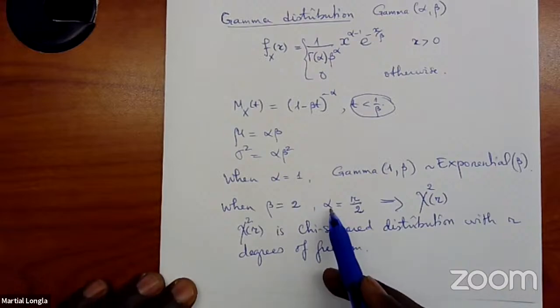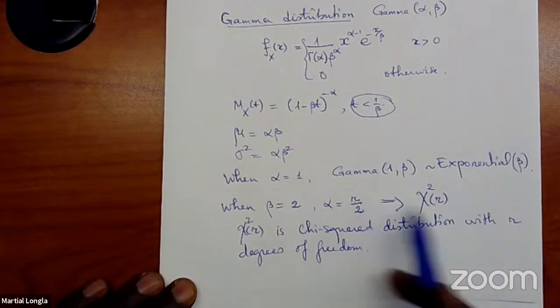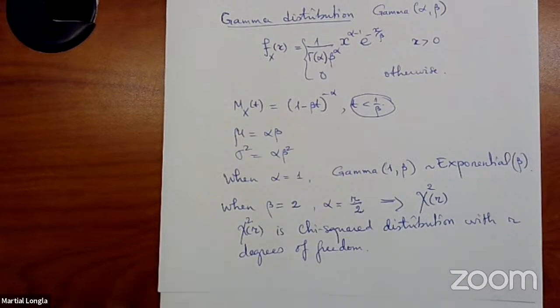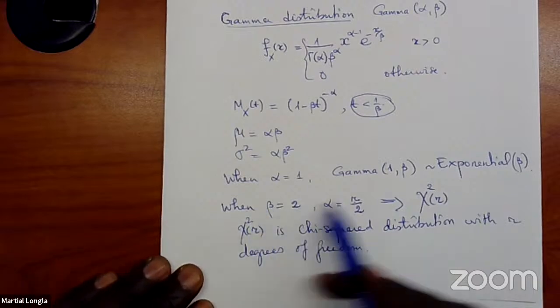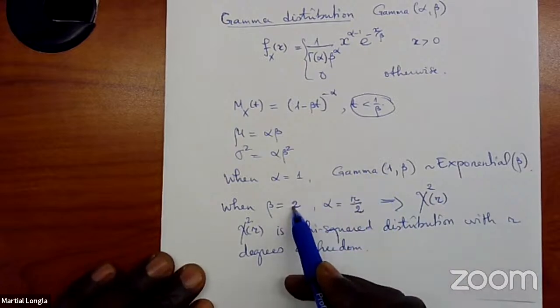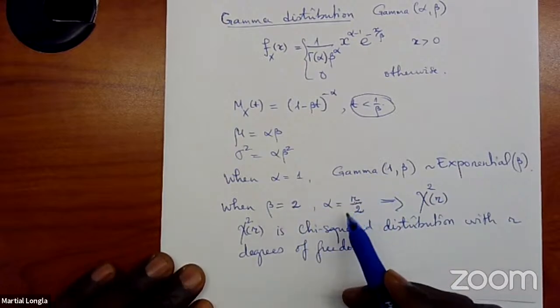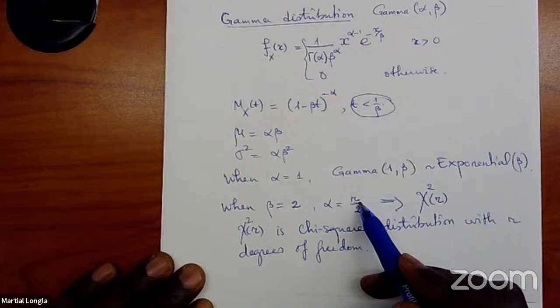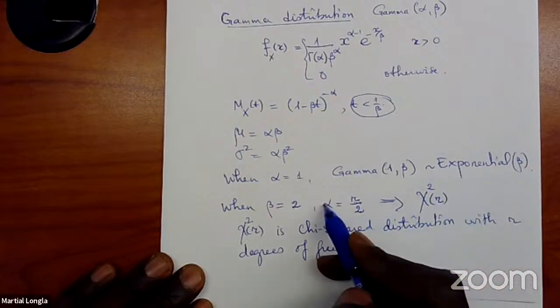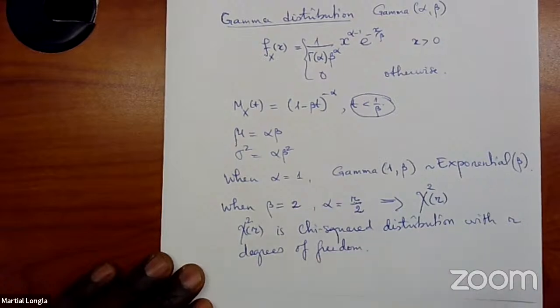If we denote alpha as r over 2, then r is the degrees of freedom. Like say if you're writing gamma of 2, 4, then it's chi-squared with 2 times alpha degrees of freedom. Alpha is 4, 2 times 4 is 8.